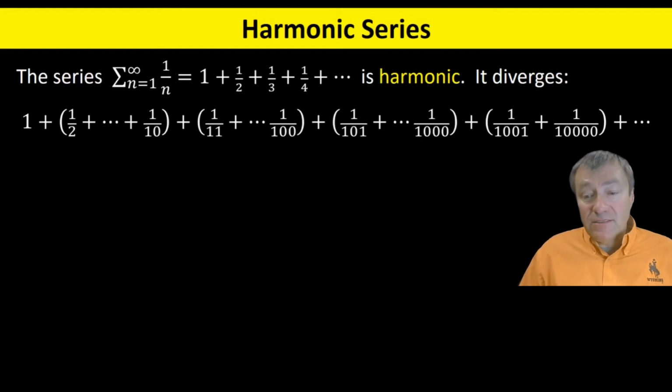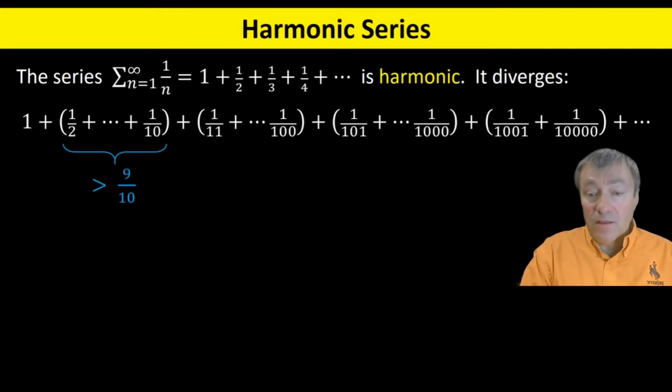Here's one way to see that the harmonic series diverges. After the first term, group together the next 9 terms, then the next 90 terms, after that the next 900 terms, and so on. The sum of the 2nd through 10th terms exceeds 9 over 10, because you're adding 9 terms, each of which is at least 1 over 10.